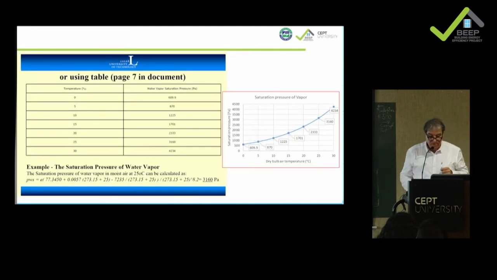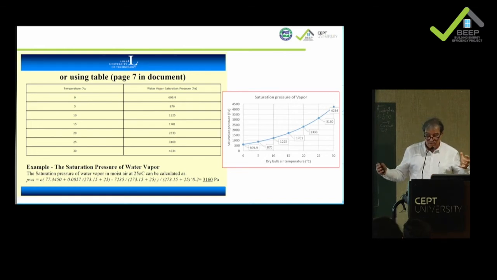So now if we come to the saturation pressure of vapor, if you plot it, you can see that at a temperature between 0 and 30, you have a water pressure between 600 and 4,000 Pascal. Compare it to the ambient pressure, which is approximately 100,000.